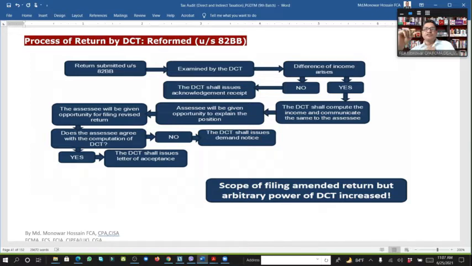The difference of that amount, they add this year's expenses including tax. That amount plus this year's expenses should be equivalent to this year's income or inflow. If it does not match, then they again have to impose tax on that.